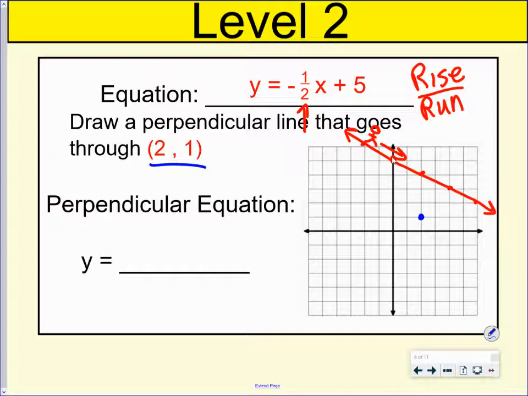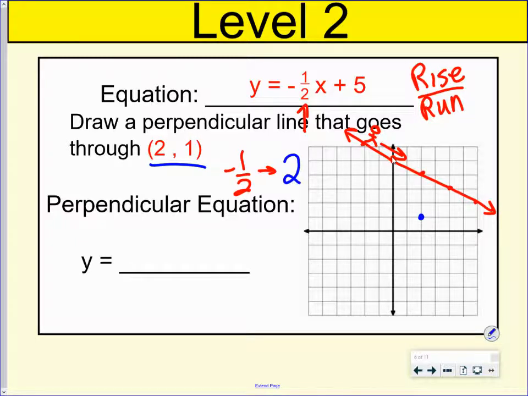Well, we just said that a perpendicular line has an opposite reciprocal slope. So if our slope was -1/2 for this first line, I'm going to put that one in red so I can keep these straight, what is my opposite reciprocal to that? Well, the opposite would be positive. Reciprocal would be 2/1, which is the same as 2.